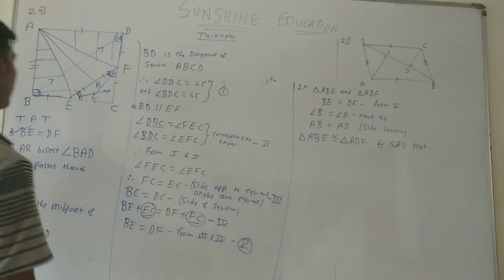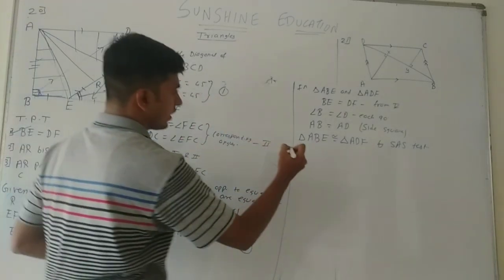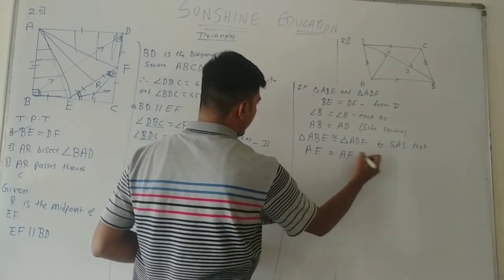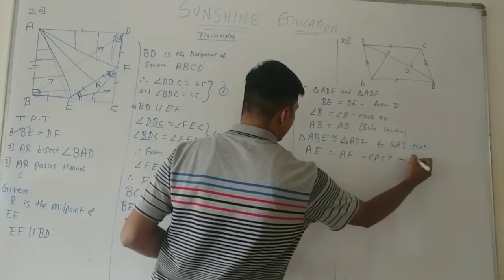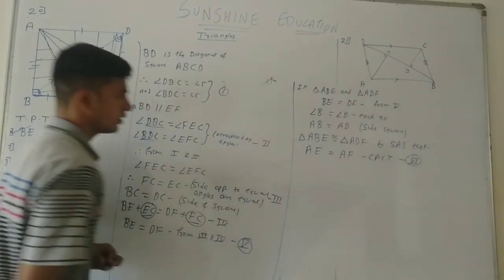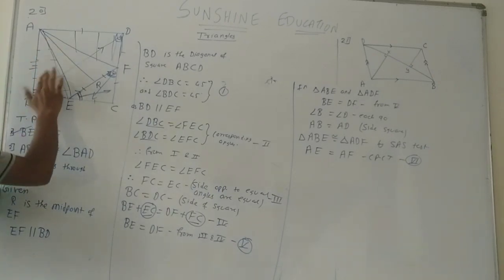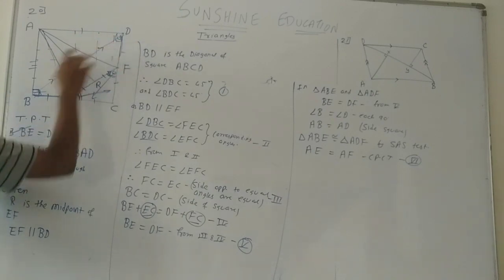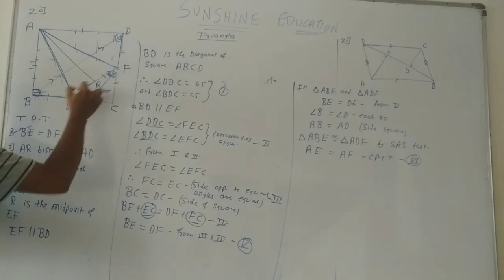And if two triangles are congruent, can I say that AE is equal to AF? Therefore, AE is equal to AF, corresponding parts of congruent triangles. I name this as equation number 6. Now, I just erase this part. If you are not able to understand the diagram, please refer to your textbook.